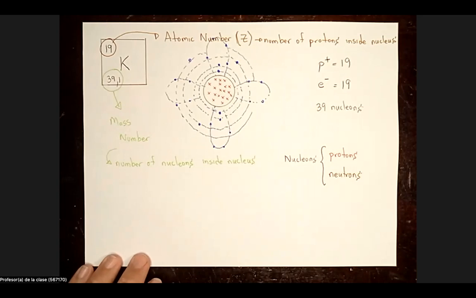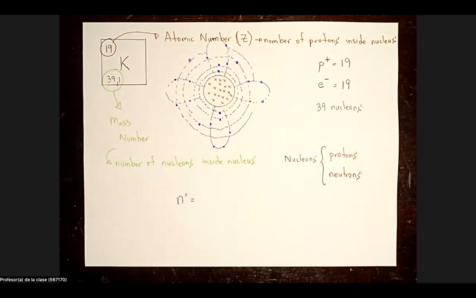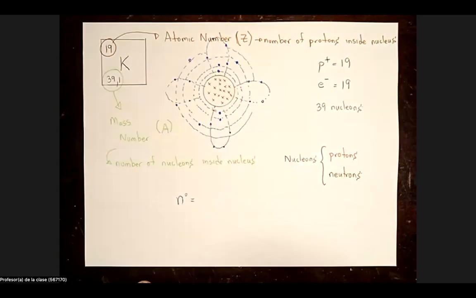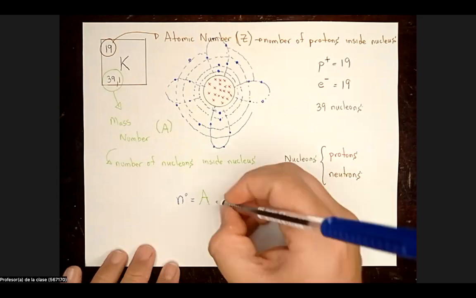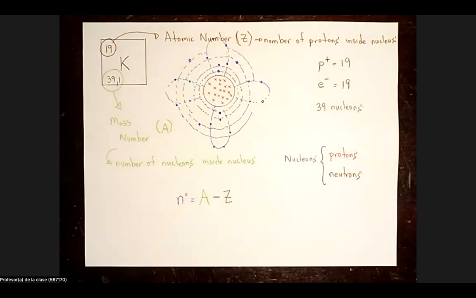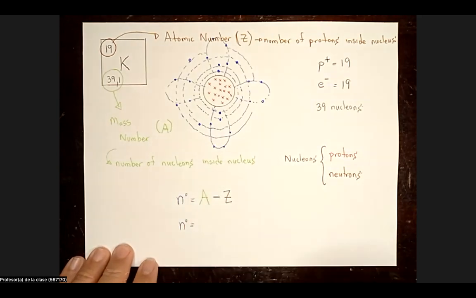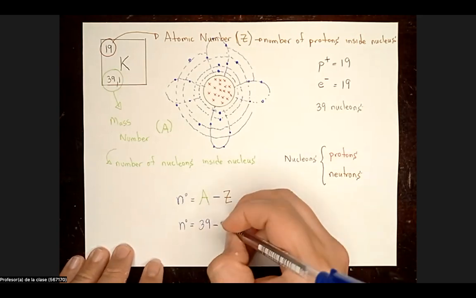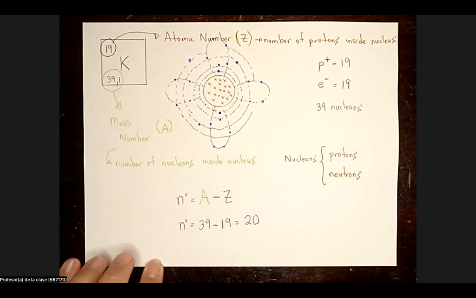I forgot, the mass number can be represented by an A. So the number of neutrons will be A minus Z. Then we have 39 minus 19, and that will be 20.